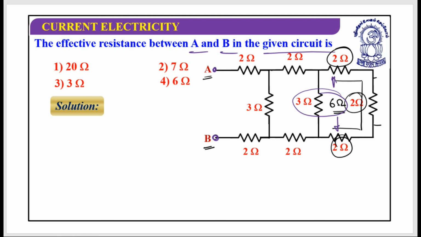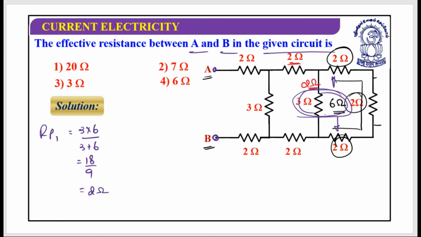If I solve this 6 ohm and 3 ohm, I'm writing it as R_P1, which is 3 into 6 divided by 3 plus 6. 3 sixes are 18 divided by 9, again 2 ohm. So this has been replaced here with 2 ohm again.